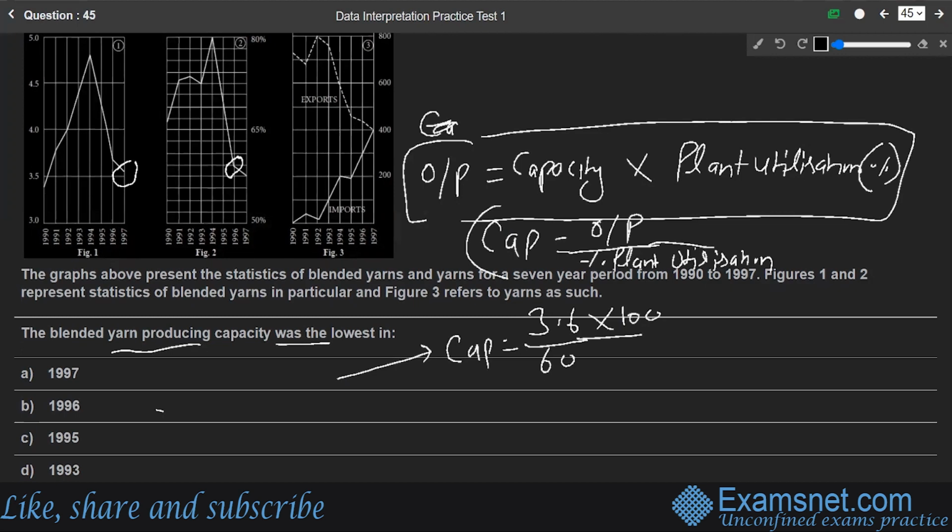For 1996, we calculate the value of the capacity in 1996. The value of the output is somewhat close to 3.7 approximately, divided by the plant utilization percentage in 1996, which we are supposed to calculate.